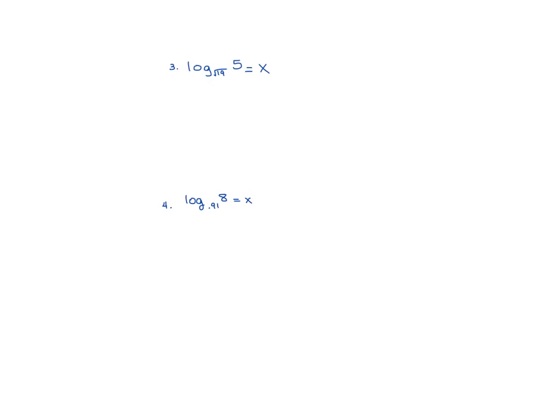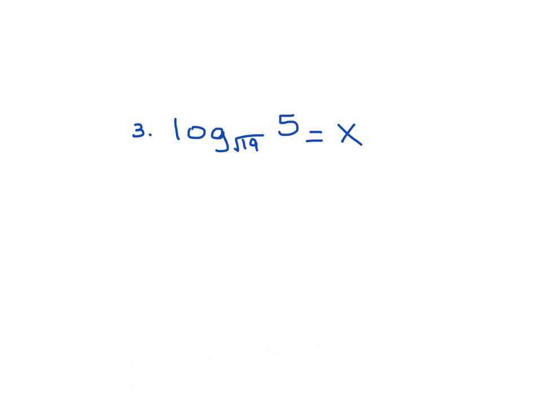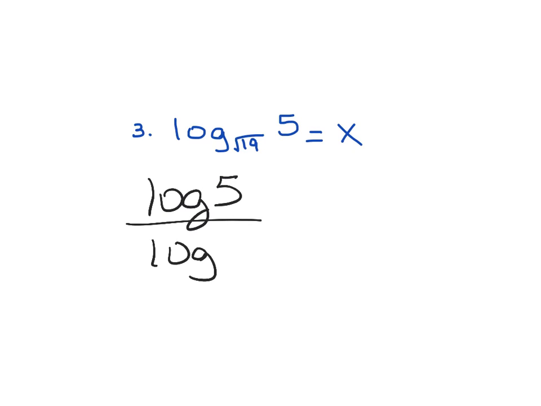Let's try 2 more. So again, if I do change of base, and again, you may see a question like this that will say, using the change of base theorem, set up the ratio you would solve. So then this would just be big font over little font. And then if it said just to leave it as a ratio, that's what it would be.